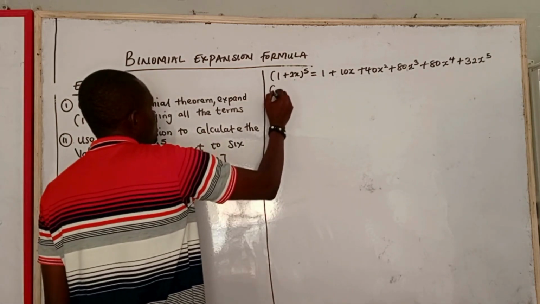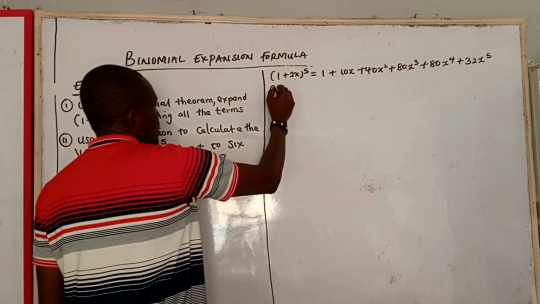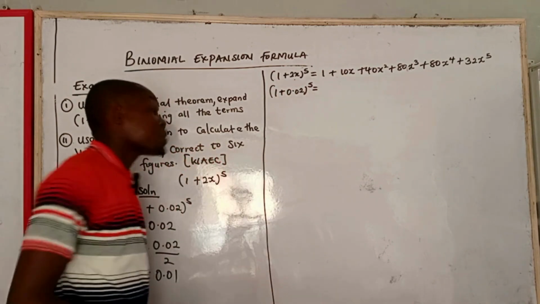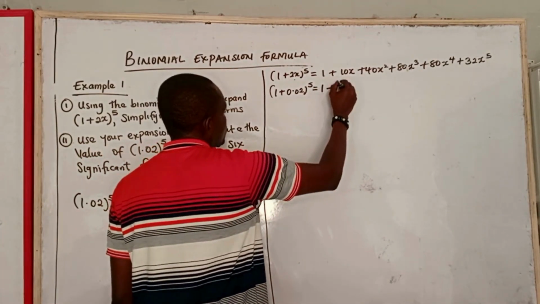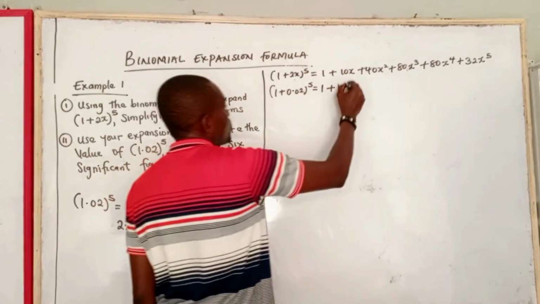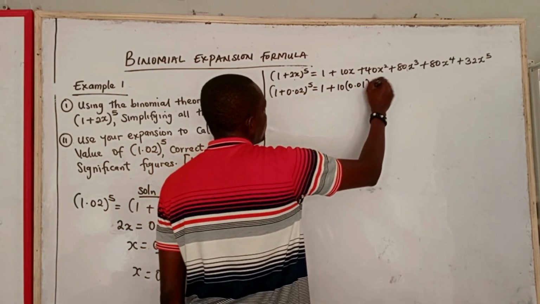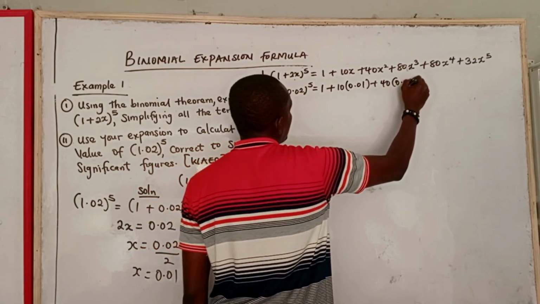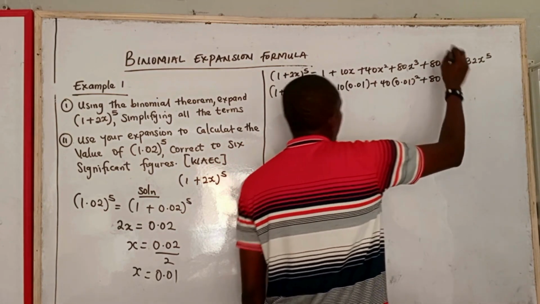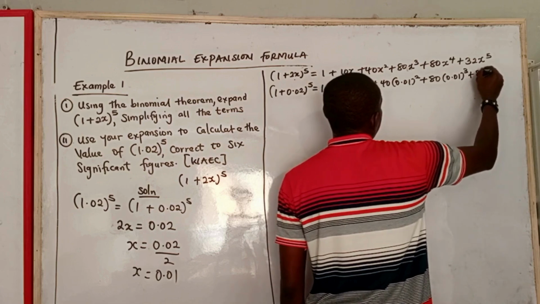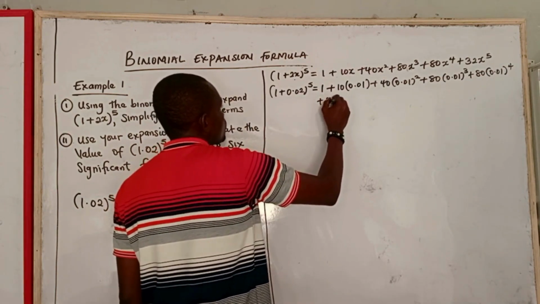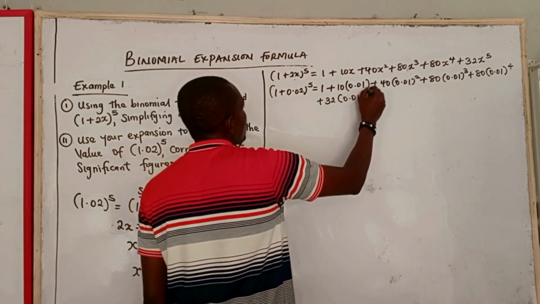So that means 1 plus 0.02 raised to the power of 5 will be equal to 1 plus 10, and the value of x here is 0.01, so we bring 0.01, plus 40 into 0.01 squared, plus 80 into 0.01 to the power of 3, plus another 80 into 0.01 to the power of 4, then plus 32 into 0.01 to the power of 5.